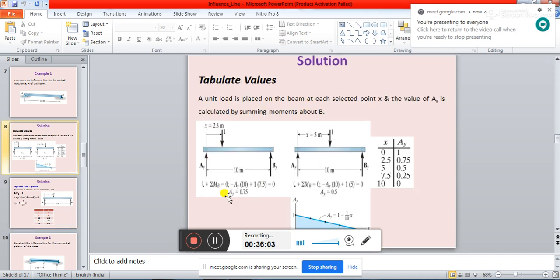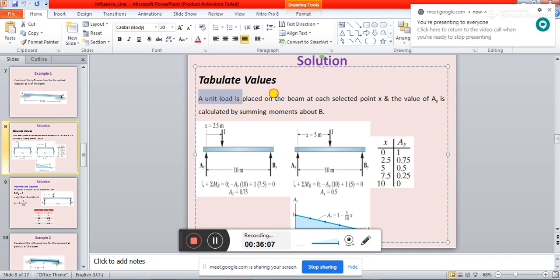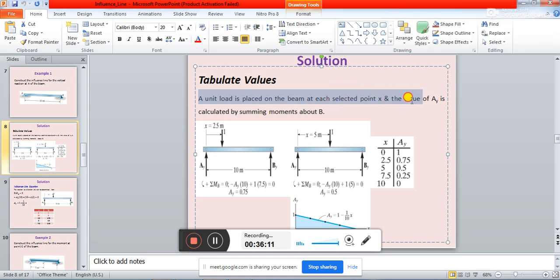In this problem, a unit load is placed on the beam at each selected point x, and the value of Ay is found. I have taken this problem from R.C. Hibbeler's book. In that book the reaction, instead of Ra, is mentioned as Ay, which is calculated by summing the moments about B. That's what we have done also.